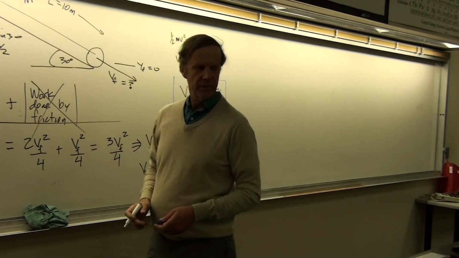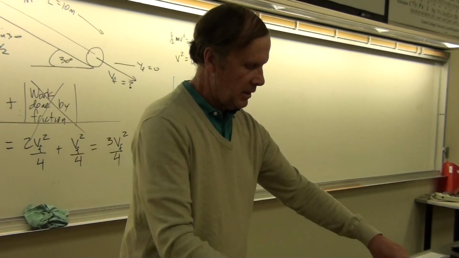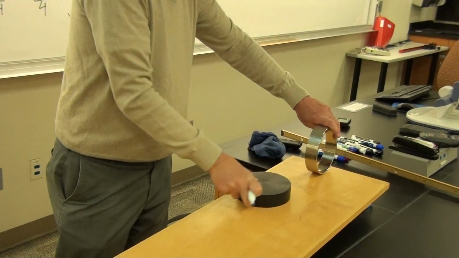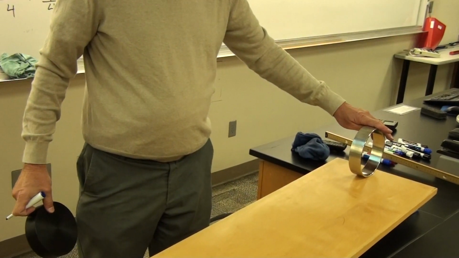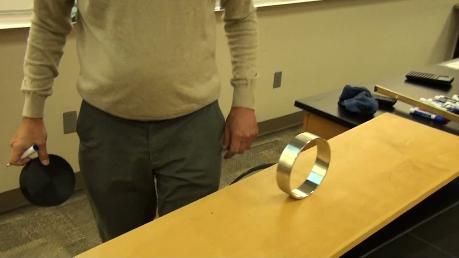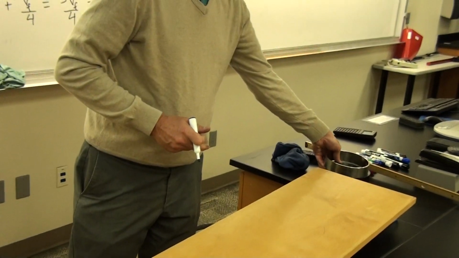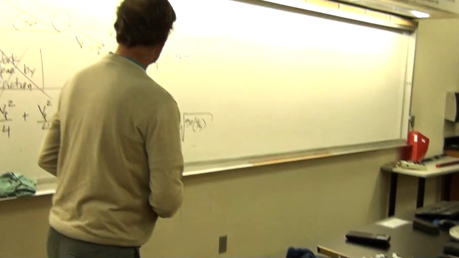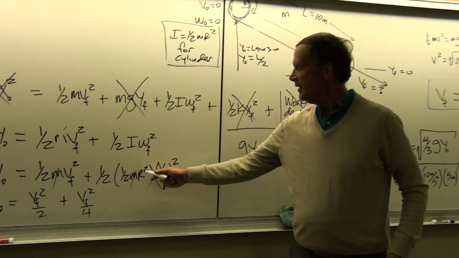Now you might wonder, how would this change if I had a ring rolling down the incline? What would be the final velocity of this thin ring? Well, recall that the thin ring has a moment of inertia that's equal to just mr squared here.